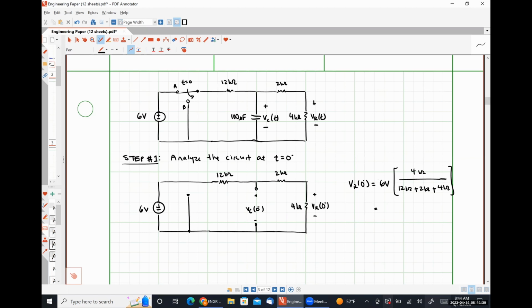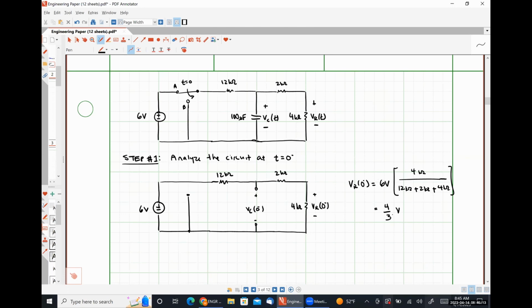That is 4 over 18. My math is right, so 24 over 18, 12 over 9. Did I do my mental math correctly? If not, please tell me. Oh, I can simplify that further as 4/3.